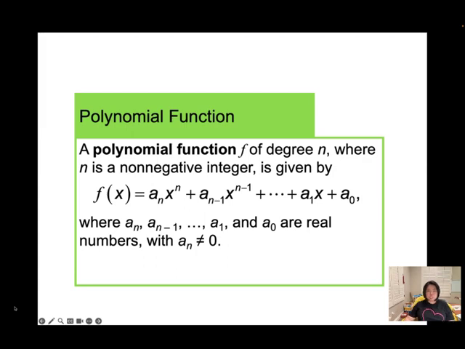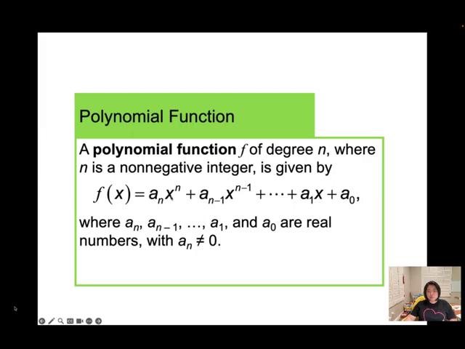Polynomial function. A polynomial function f of degree n, where n is a non-negative integer, is given by f(x) = a_n x^n + a_(n-1) x^(n-1) + ... + a_1 x + a_0, where the a's are all real numbers.